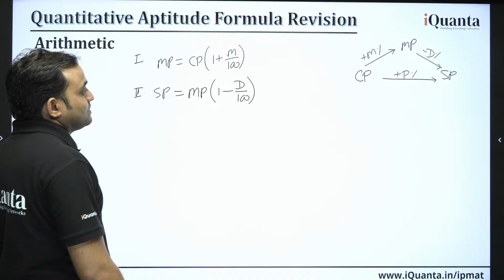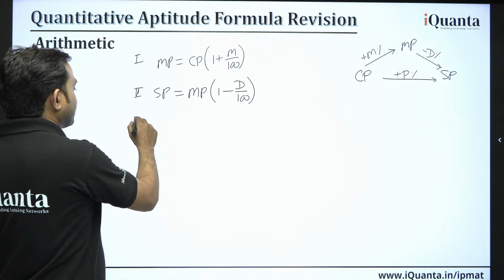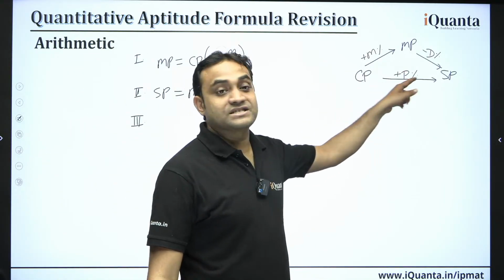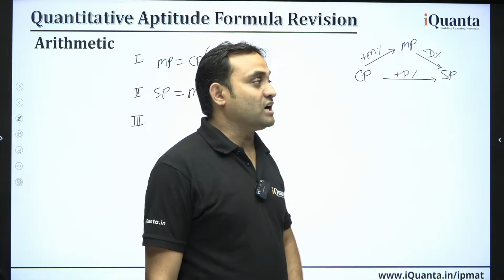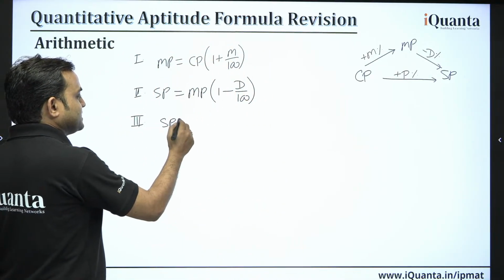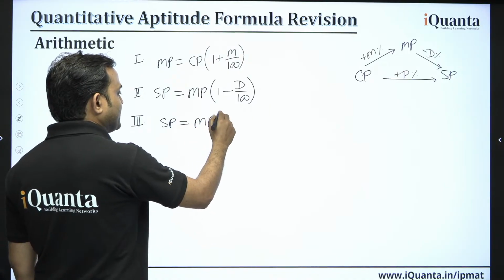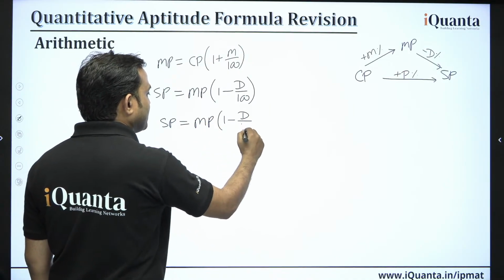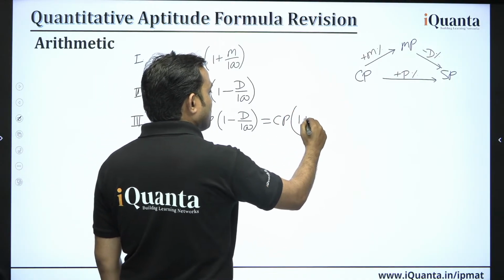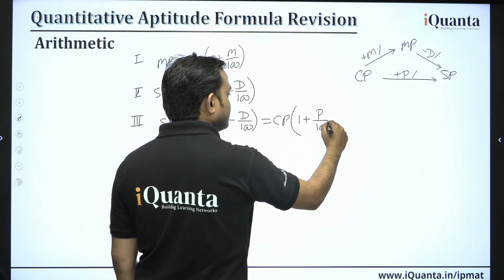Right? Then what else? We can find the relation between these three percentage changes. How do we do that? Can I say that selling price is equal to MP into 1 minus D by 100 as well as CP into 1 plus P by 100, right?